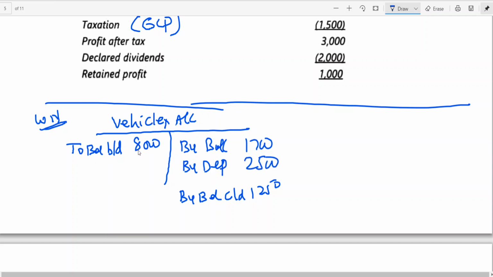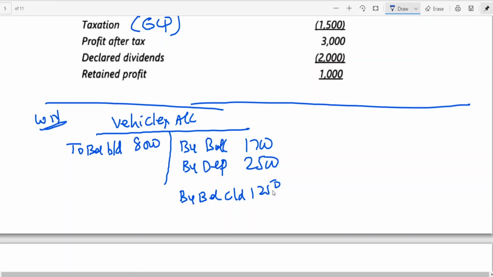Sometimes there may be a purchase. If purchase is not there, directly we can go, we can cross check. By depreciation 2,500. Then we also got some profit on sale of vehicle. This 2,500 can be depreciation of the year, on the purchased one or the sold one. If we get a difference, obviously we will be getting a difference.